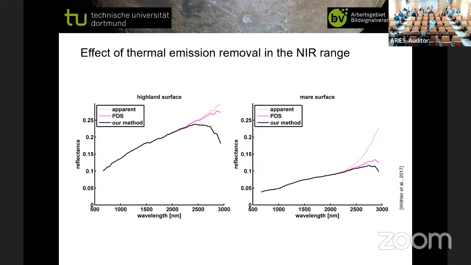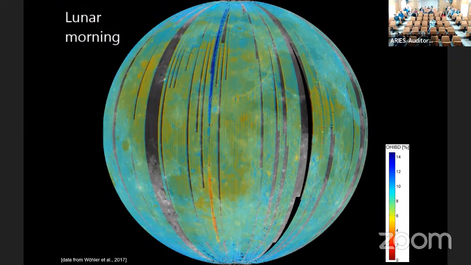You might know this absorption when you do infrared observations through the Earth atmosphere, because they are known as telluric absorption from water vapor. So they block incoming light. And that is a water H2O or hydroxyl OH band. That was very surprising in 2009. And since then, a large part of the lunar community tries to understand what we really see here. And we also tried to do that.